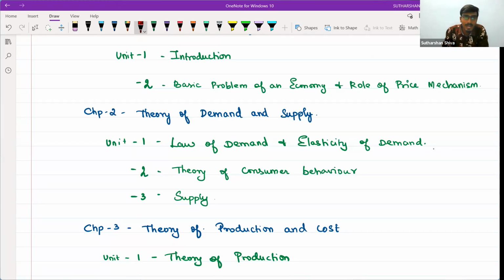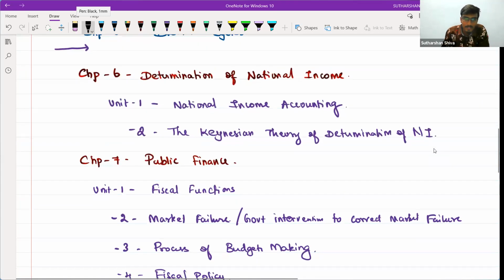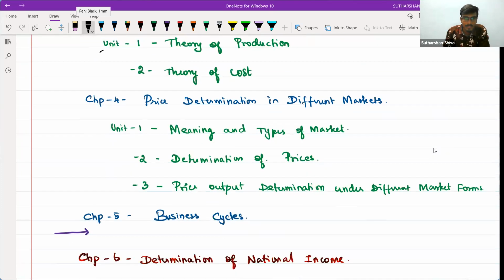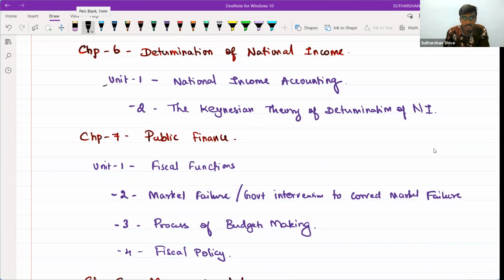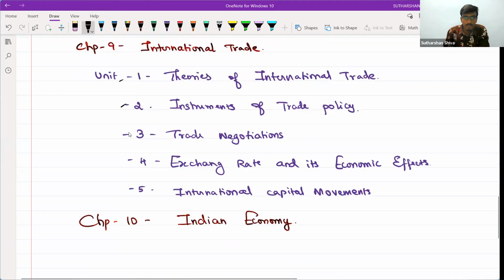Total units: 1, 2, 3, 4, 5, 6 and 7, 8, 9, 10, 11, 12 and 13, 14, 15, 16, 17, 18, 19, 20, 21, 22, 23, 24, 25, 26.